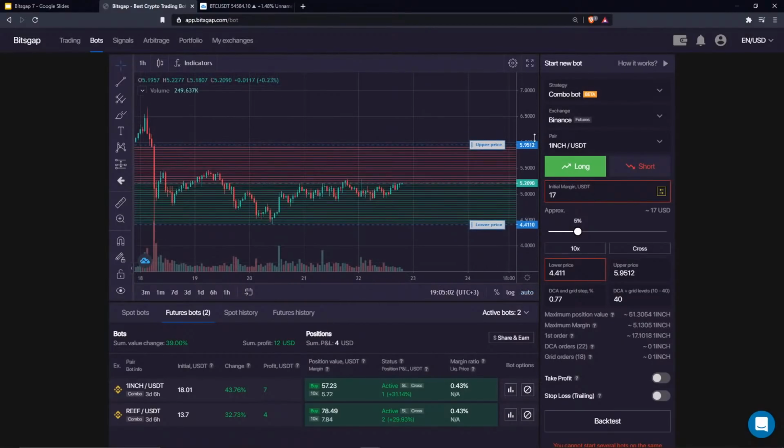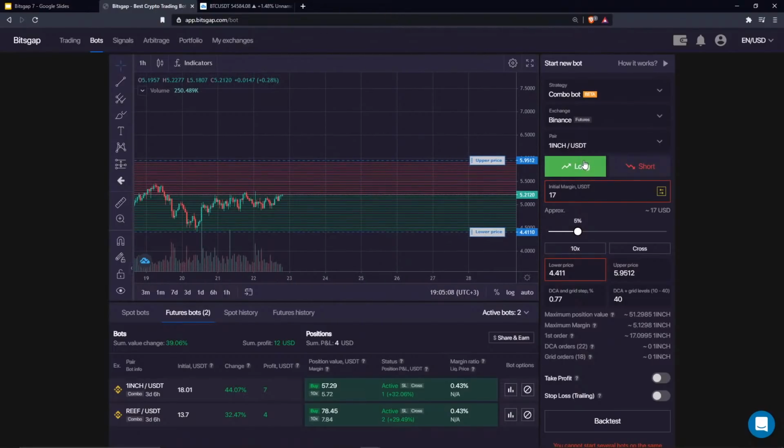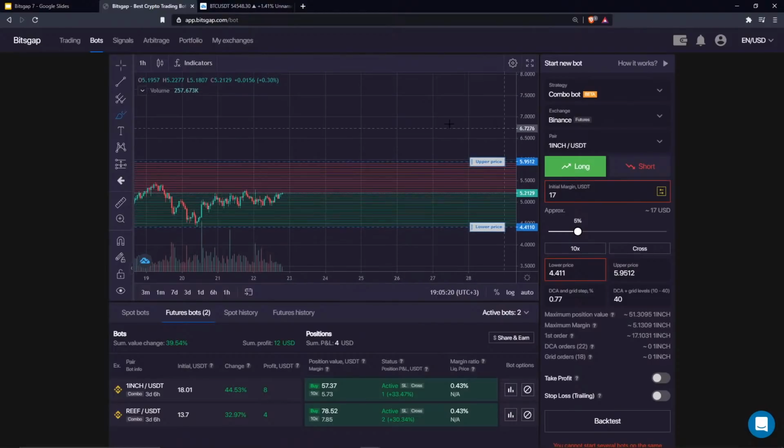As I already mentioned, you can trade on the rising market because that's trading on the futures market. And you know that on the futures market, you can not only generate returns as the market rises, so you take the leverage and gain big returns, but you can also generate returns on the falling market by switching to the short algorithm, which is enabled in the combo bot.